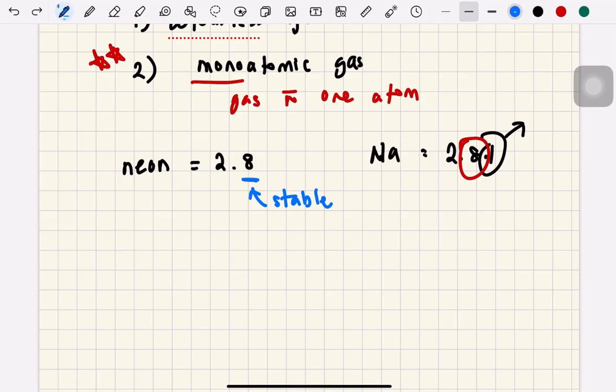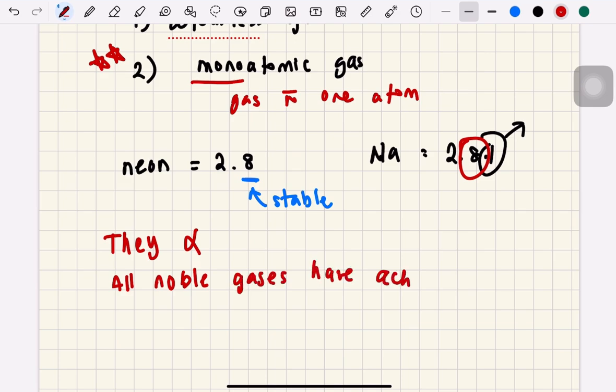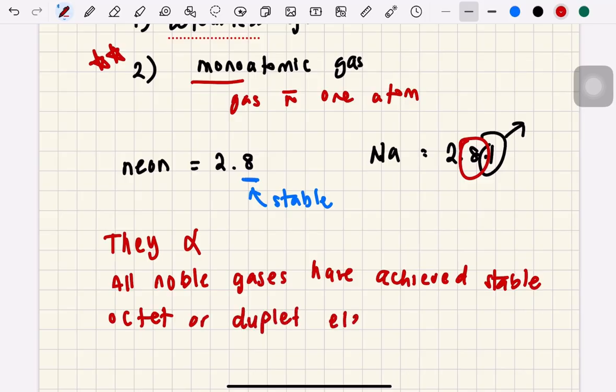So if the question asks why noble gases exist in monoatomic form, you have to answer that all noble gases have achieved a stable octet or duplet electron arrangement.